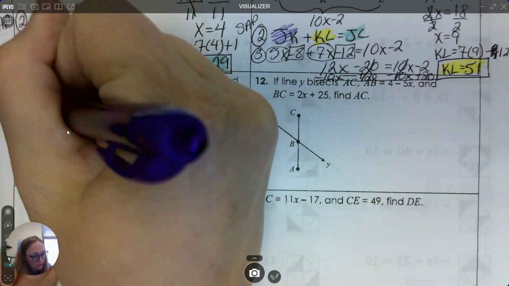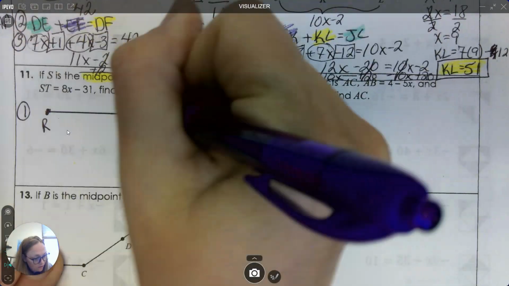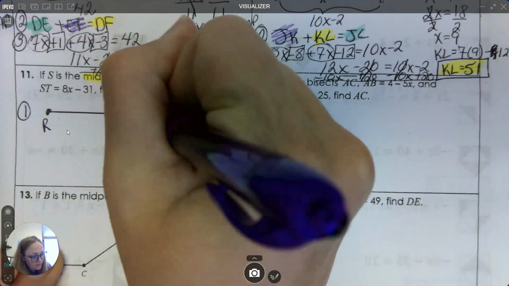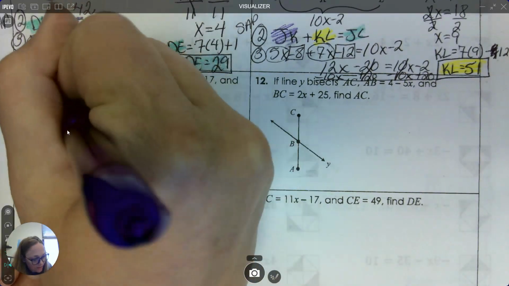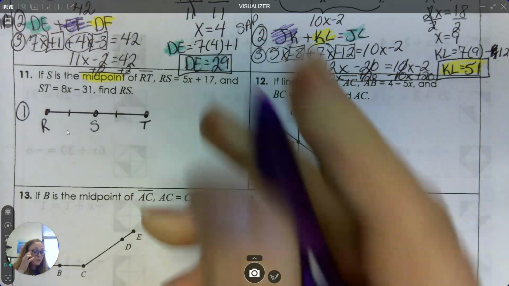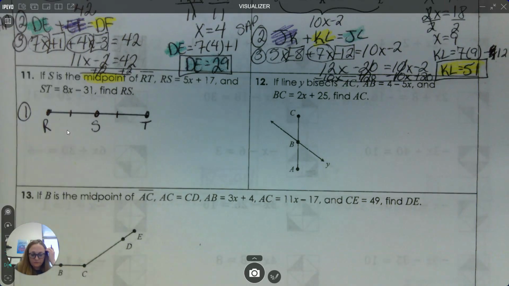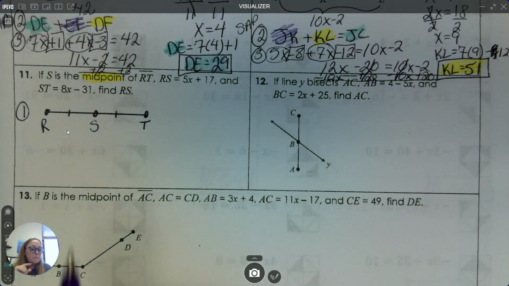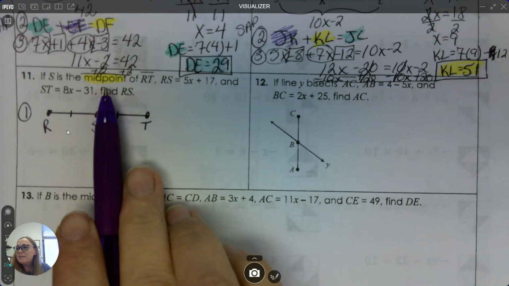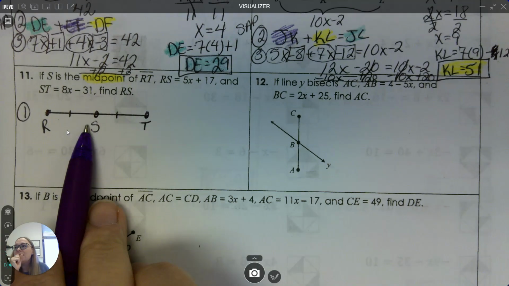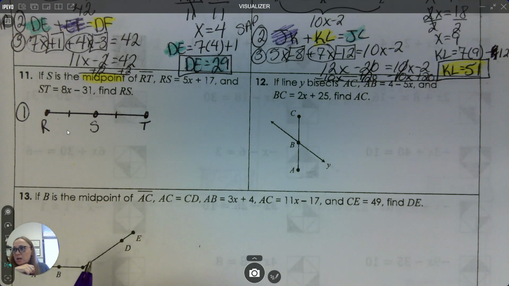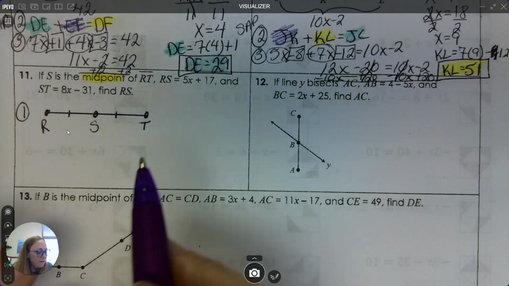I've got my straight edge, and segment RT has a midpoint of S. Now I'm not really measuring that, so I'm going to put my congruency marks there for right now. But just by using the word midpoint, they're telling us that these are two equal segments. So we didn't even have to have the congruency marks. Just using that vocabulary term tells us that they should be the same.